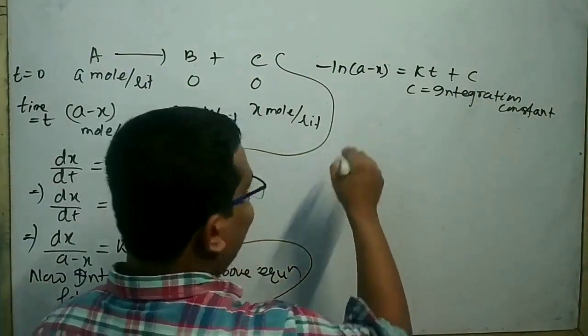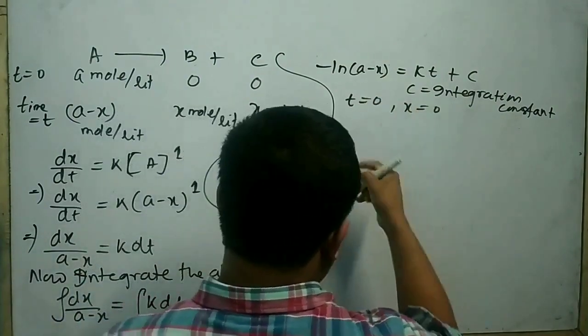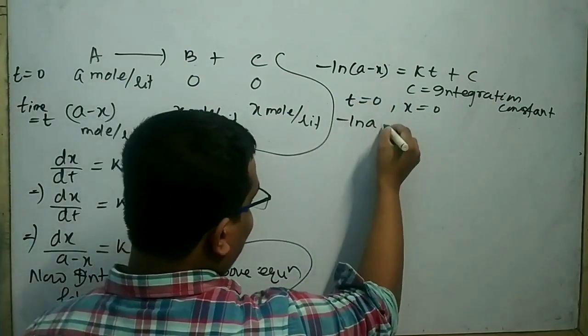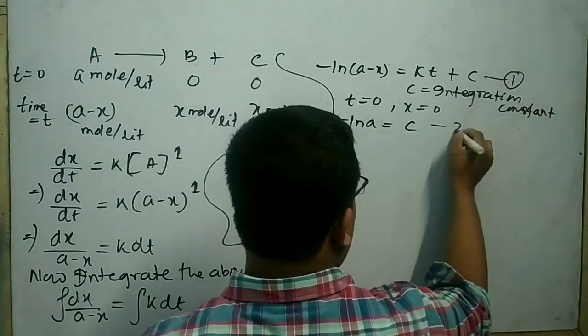So I can apply the condition: when T is equal to 0, X is equal to 0. Now put this condition in this equation. Then I can write minus ln A equal to C. Suppose this is equation 1, this is equation 2.